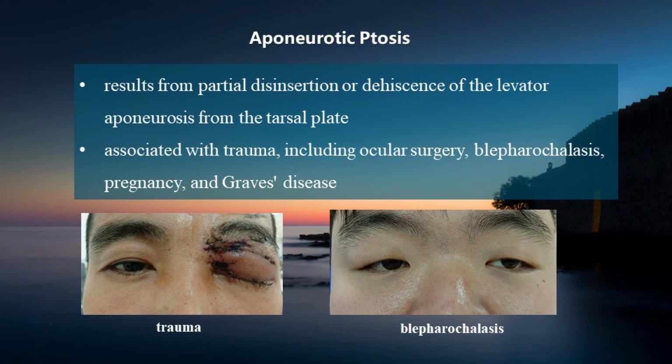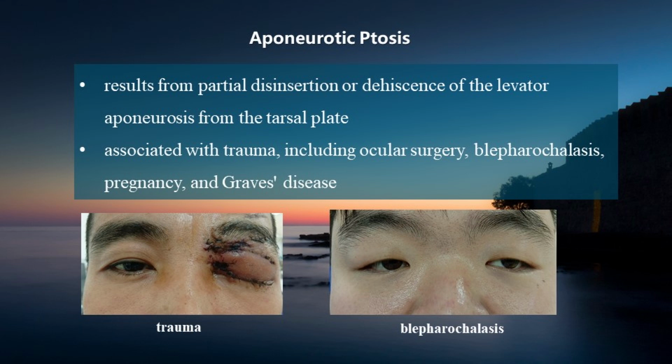Aponeurotic ptosis, a common form of myogenic ptosis, occurs late in life and results from partial dissension or dehiscence of the levator aponeurosis from the tarsal plate.